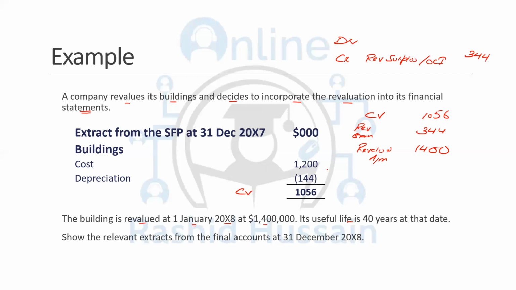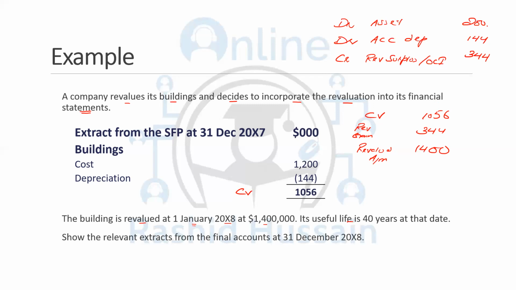How much is that? 144. So debit accumulated depreciation by 144. The mistake students usually make is that they debit the asset by 344, which is the wrong treatment. You see the double entry, the balancing figure of the asset is going to be 200.